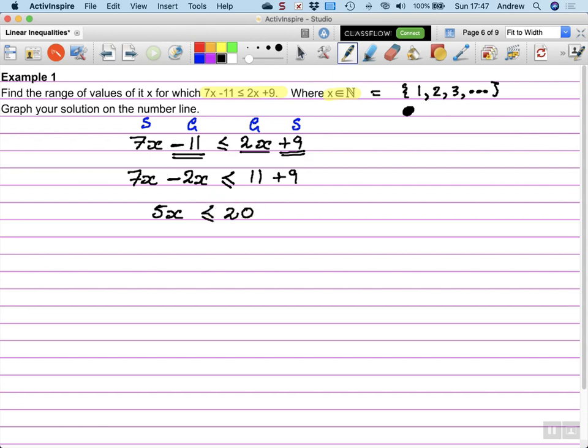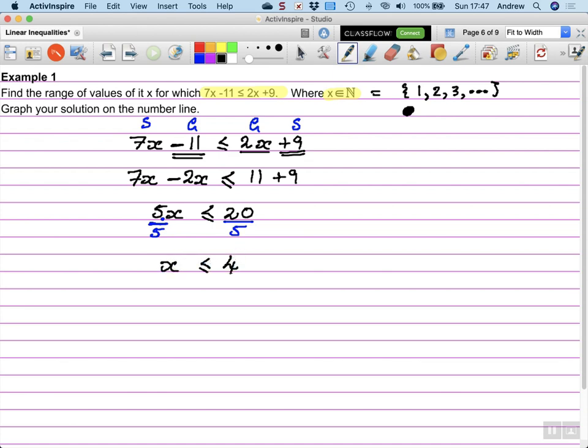When we get down to this point, it's the same as before with linear equations. We're going to divide both sides by 5 because the opposite of multiplying, that says 5 multiplied by x, the opposite of multiplying is dividing. If we divide one side by 5, we must divide the other. So now we're going to have x is less than or equal to 4.